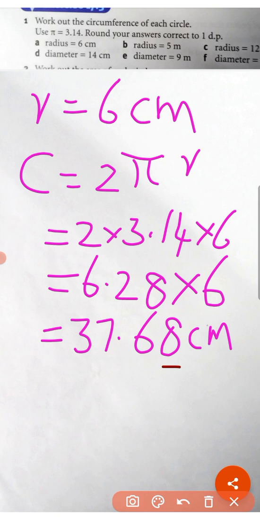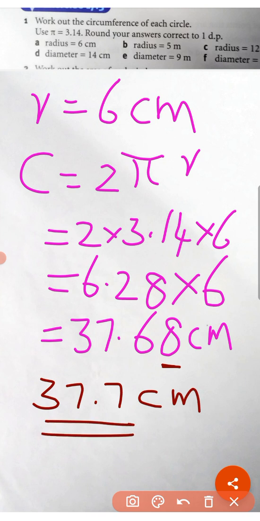So add 1 to the first decimal place, 6 plus 1 is 7. So our answer is 37.7 centimeter.